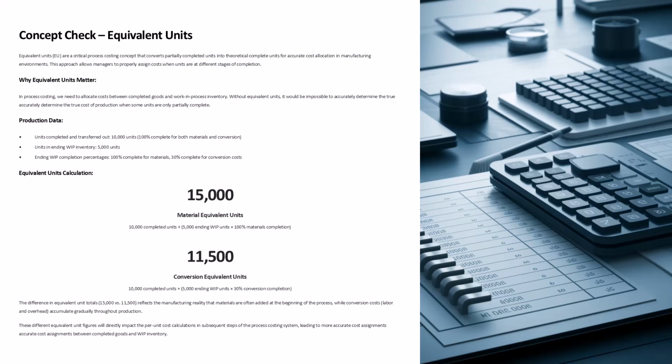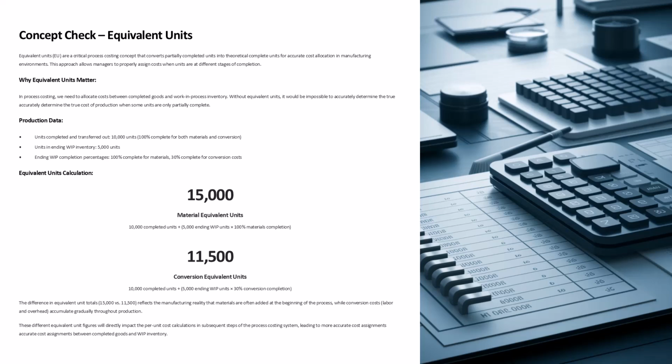Slide 20, Concept Check, Equivalent Units. Let's challenge ourselves with a practice problem that tests your grasp of equivalent units, the cornerstone concept of process costing. Imagine you're the cost accountant at a potato chip manufacturer with the following production data.